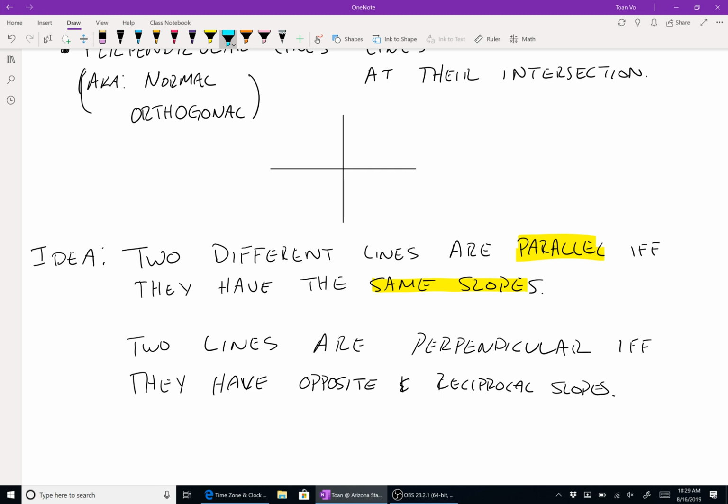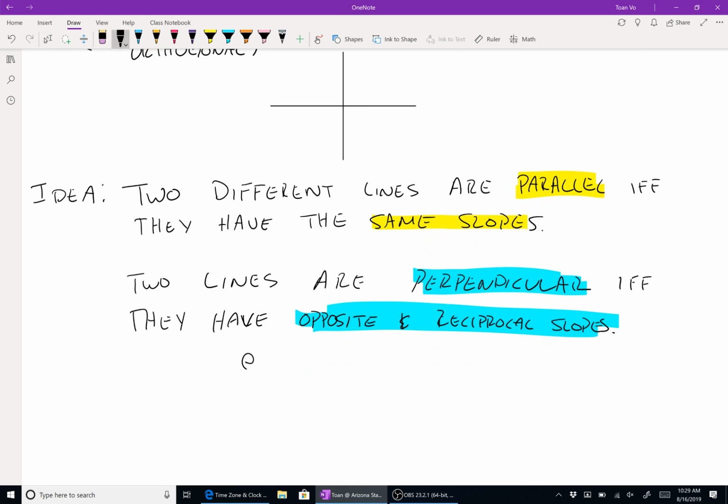When you think of the word perpendicular, when it comes to slope, you should be thinking of opposite reciprocals. For example, if m sub 1 equals 2, and m sub 2 equals negative 1/2. One's positive, one's negative, so they're opposites. One is a 2, and the other is a flip of the 2, 1/2, so they're reciprocals. These are perpendicular.